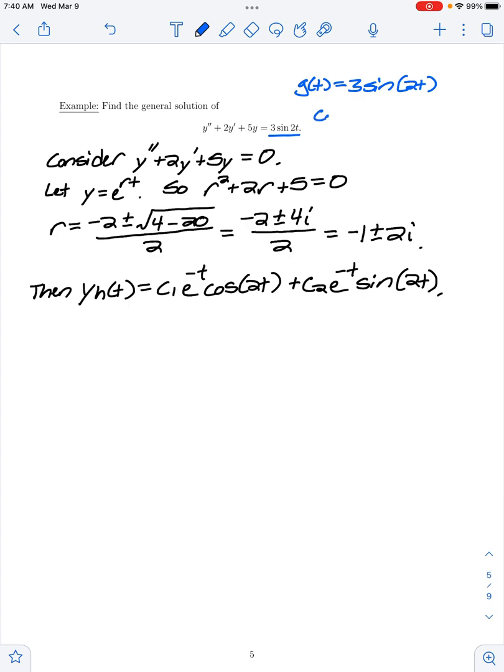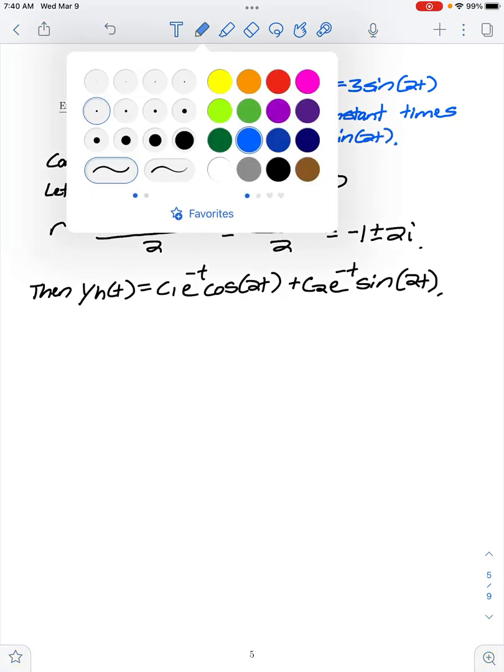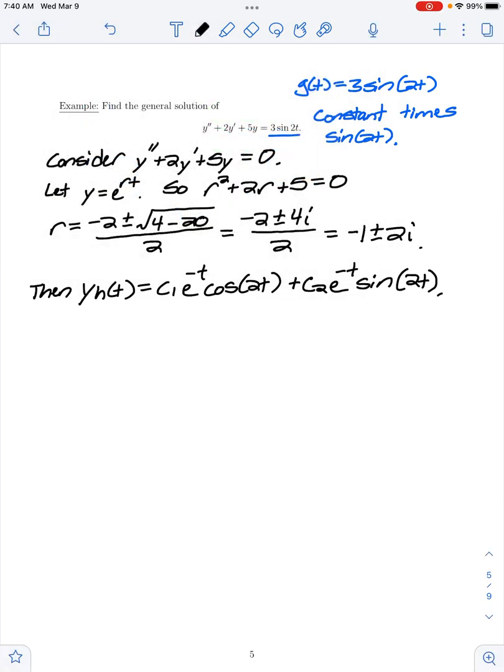So, speaking in general, we have a constant times our sine function. So let us consider a particular solution, capital Y, of the same general form, some constant a times the sine function.